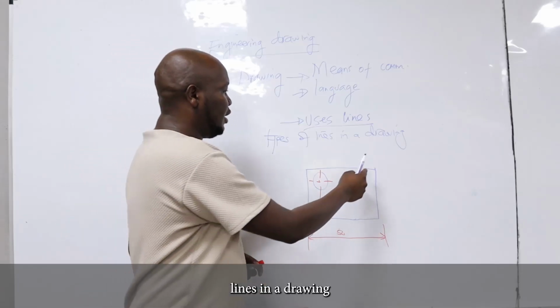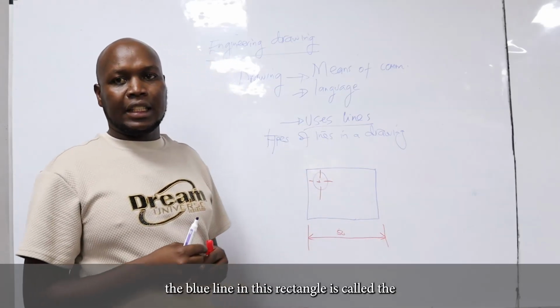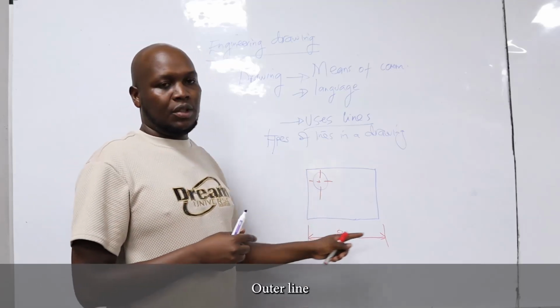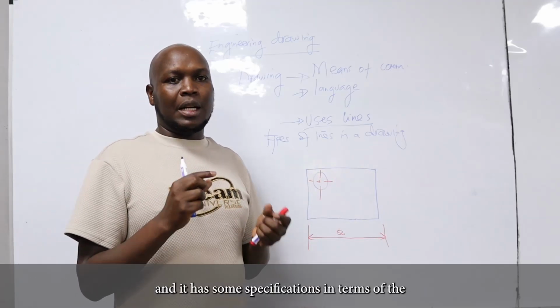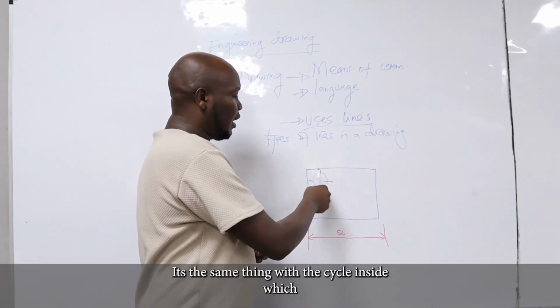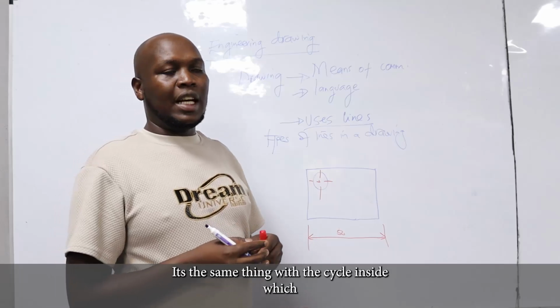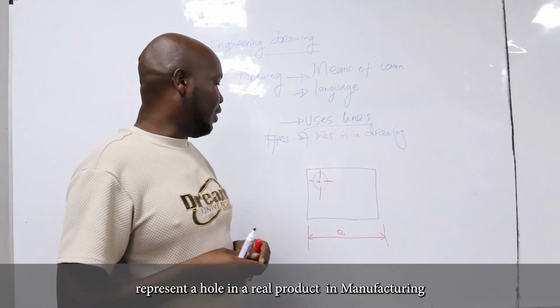The blue outer line of this rectangle is known as the outer line. It's called the outer line in a drawing, and it has some specifications in terms of the thickness of that line. The same goes for the circle inside, which I mentioned is known as a hole. It represents a hole in a real product in manufacturing.